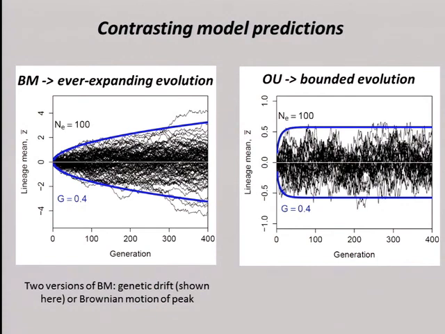Here we've got an effective size of 1, and this is genetic variance, not really that important to us. In contrast, the OU, that rubber band, always pulling the population mean back towards its optimum, creates bounded evolution. And so the radiation is stuck at a value. It doesn't continually expand. So we're interested in whether we get support for one or the other of these types of processes.